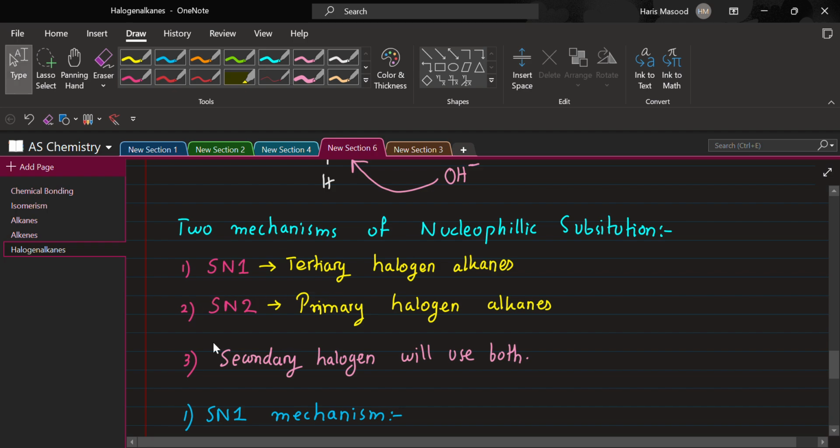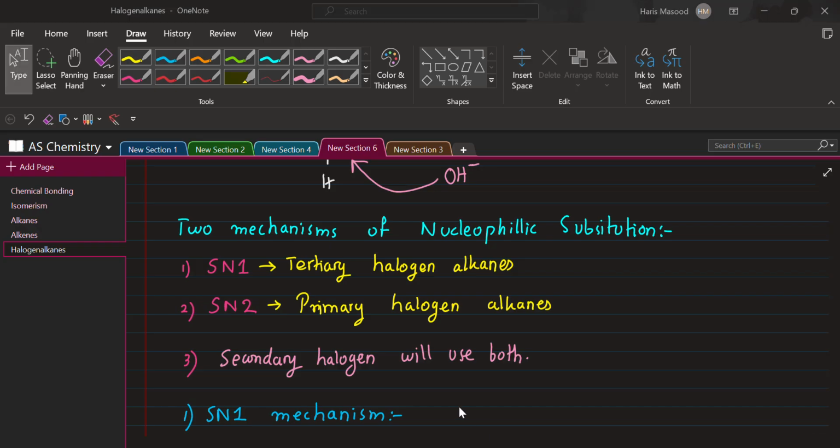What about secondary? They can use both. The examiner will tell you which substitution to follow if it is secondary. If it is primary or tertiary, he won't tell you, you just have to identify it by yourself. Okay, clear?